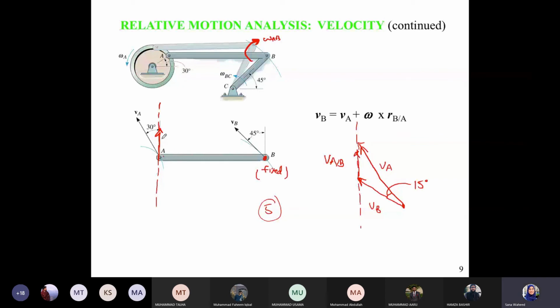Right. So please note that we have to draw some of it to scale to figure out exactly what is happening. If I made some mistake in this, it is possible that VAB would have been coming downward. But I think this seems a bit to scale, so this seems fine because VA is at 30 degrees, VB is at 45 degrees, so this seems sensible. So from this we are seeing the relative velocity of A with respect to B is upward.